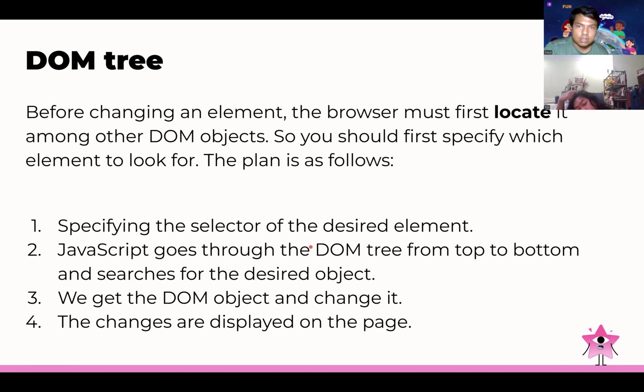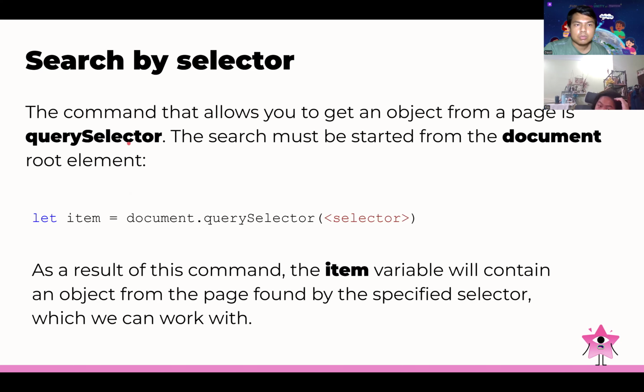Now, by knowing about that, you can locate all of the elements in the HTML using JavaScript. So if you want to create or change a specific element, you can use querySelector. From the document, you choose which selector you will pick.